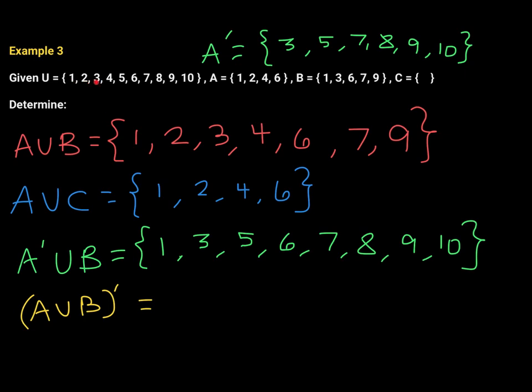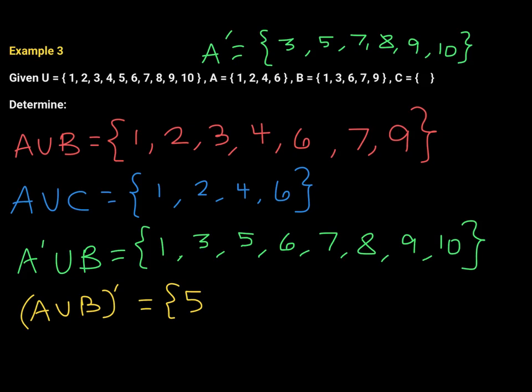So I'm going to compare the universal set to A union B. 5 is an element of the universal set, but it's not in A union B. Therefore, it's in the complement of A union B.